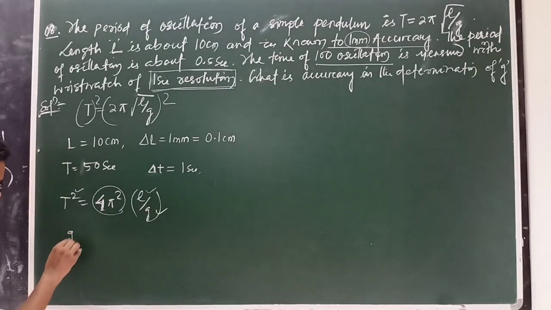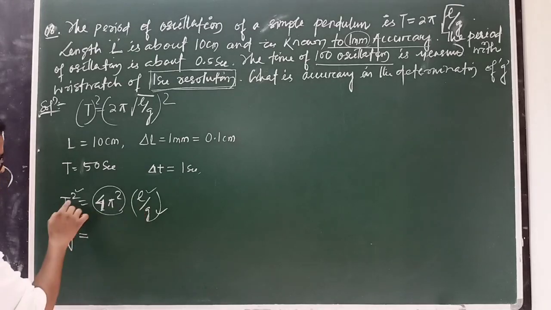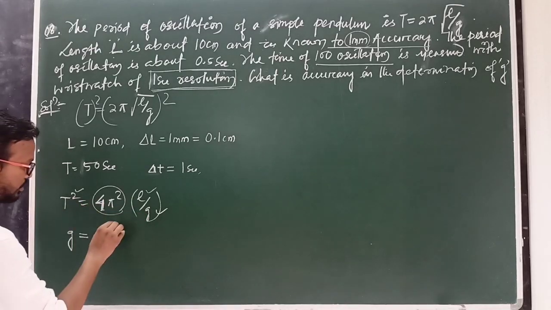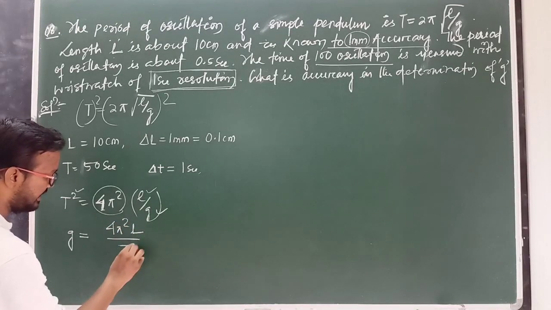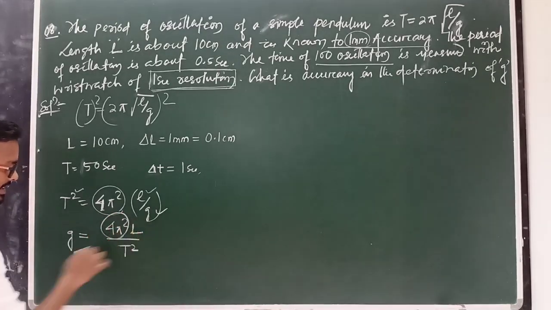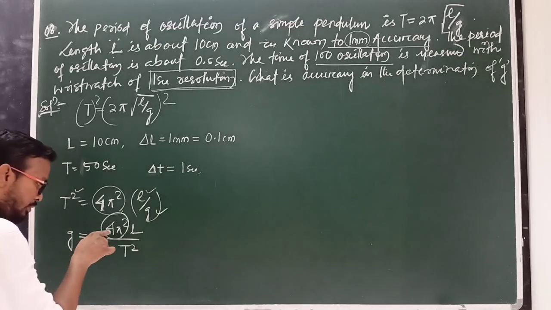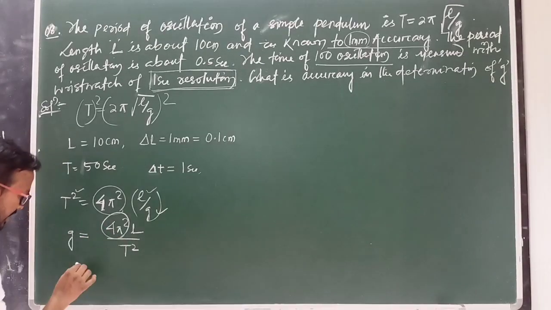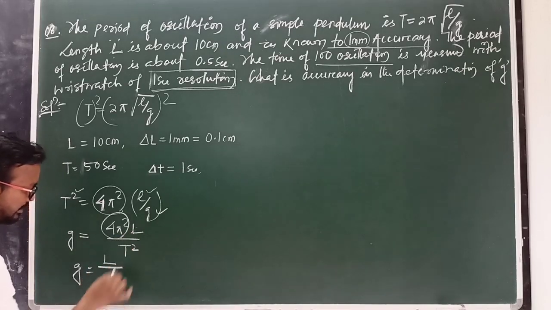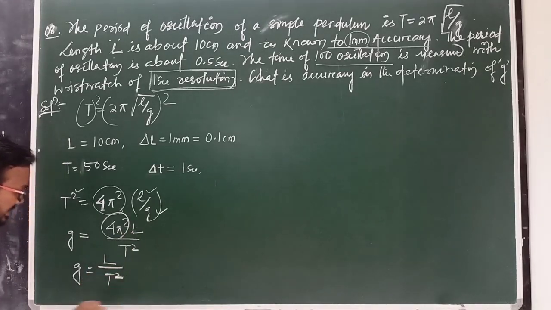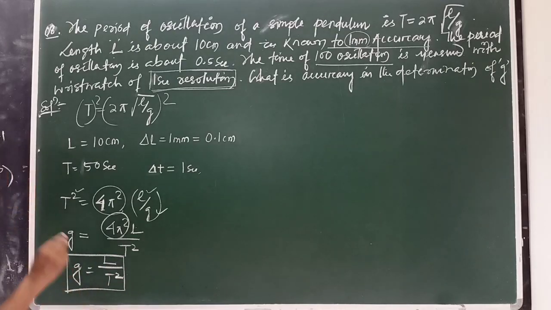So G equal to 4 pi square L by T square, and there is no error in 4 and pi square, and the errors which consist are in L, the length of the pendulum, and the square of the time period. This is another lesson. Clear?